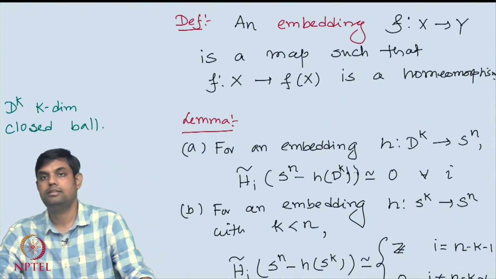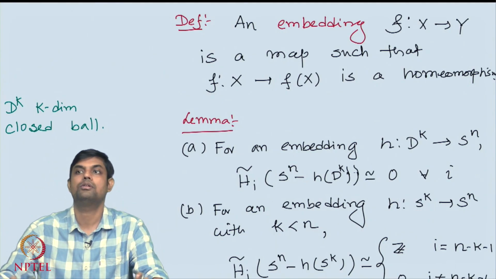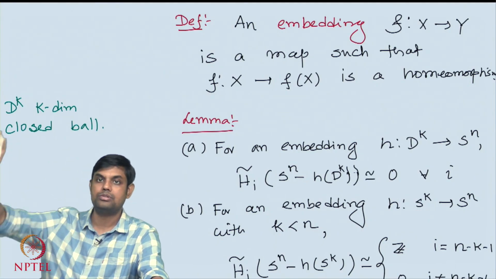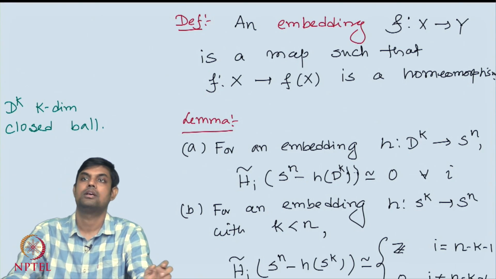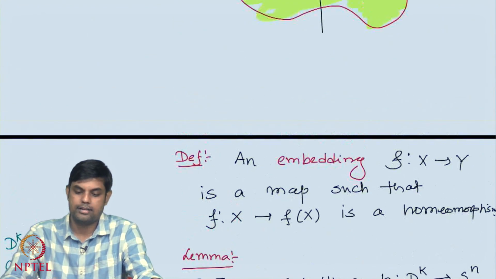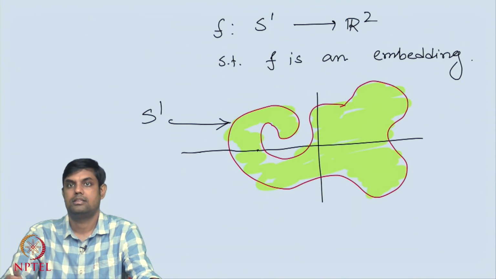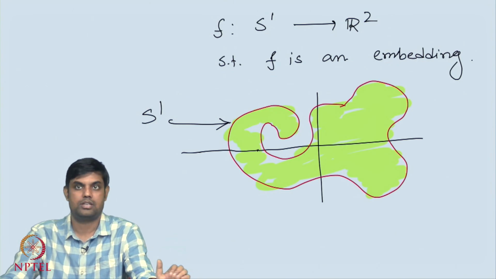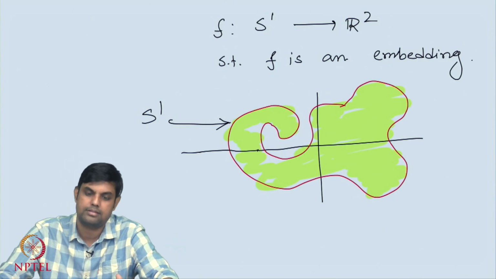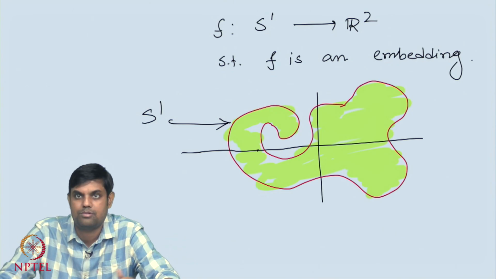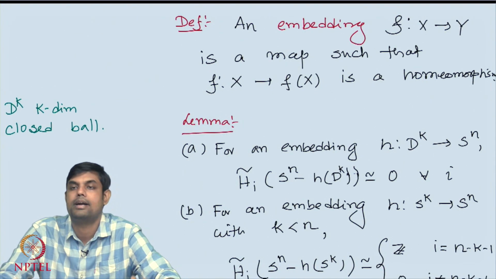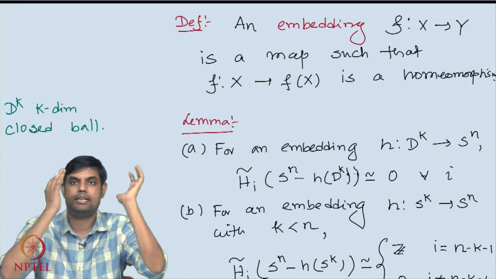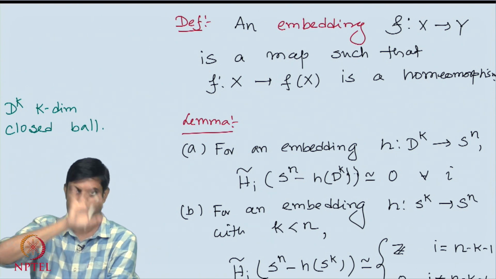So, an embedding is simply a map which is a homeomorphism when I restrict it to the image. If you look at this image of a circle, it is just the red curve, the rest of R2 is not touched. So, I have to restrict it to the image to get a homeomorphism. Embedding basically means you think of the entire thing sitting inside another space without any change.